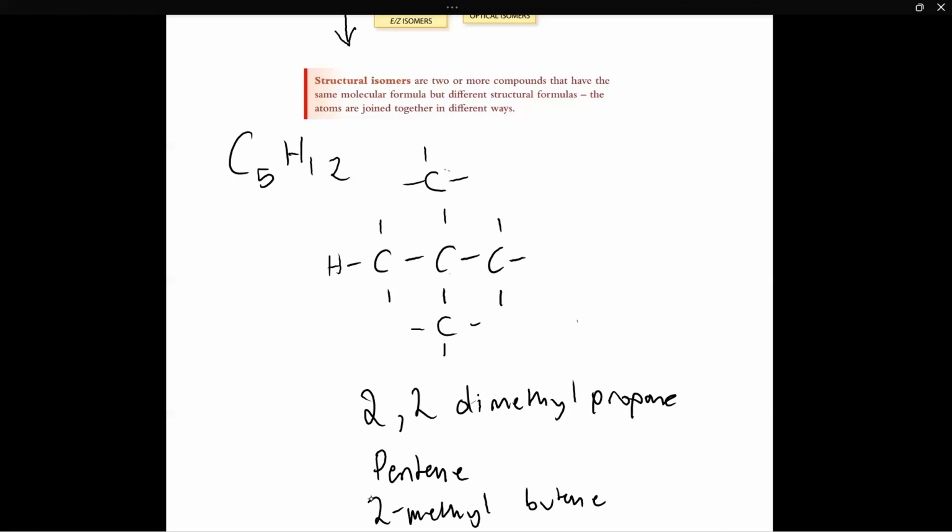And all of these have the exact same molecular formula, which is C5H12. But they are all different molecules. And in fact, with C5H12, you can draw some more isomers as well. Before I tell you what these isomers could be, I want you to try it out yourself and see what you get.